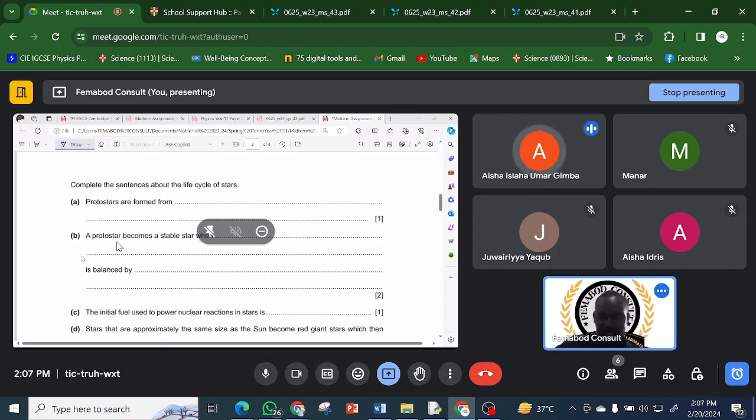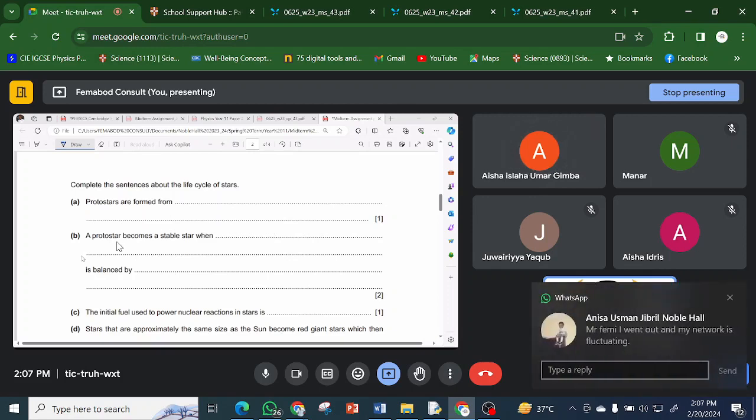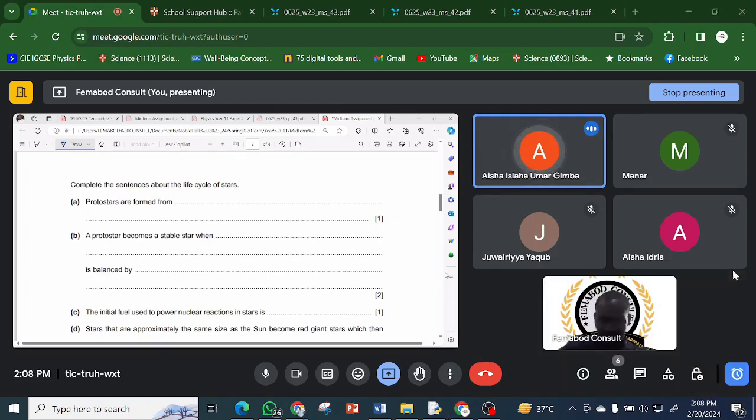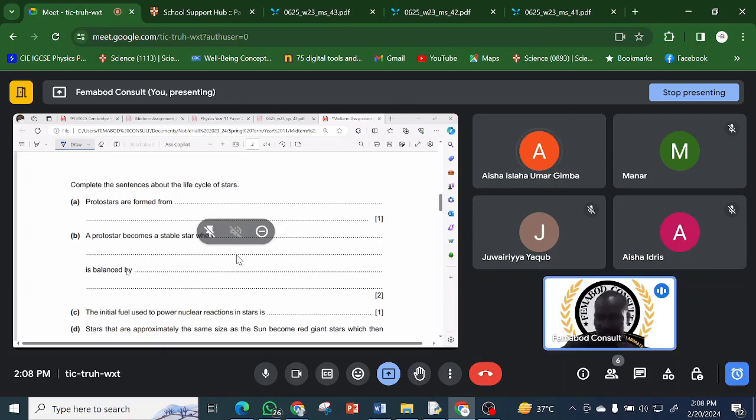So the B part. Can you remember how we explained it? A protostar becomes a stable star when dash is balanced by dash. Can you remember? Okay, try and remember.